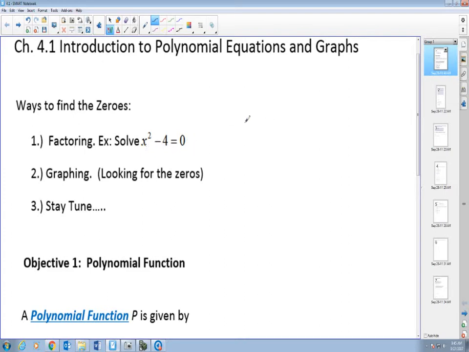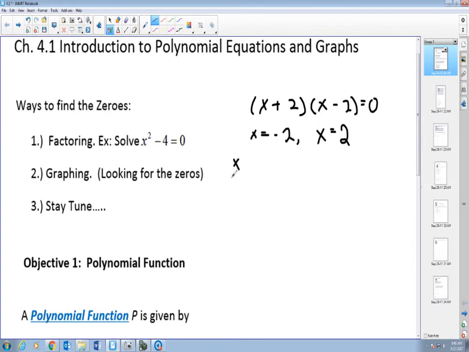So x squared minus 4 is a difference of squares, so we can say that's x plus 2 times x minus 2 equal to 0. Once I factor them, we will set each factor equal to 0. So my zeros of the polynomial are -2 and +2.